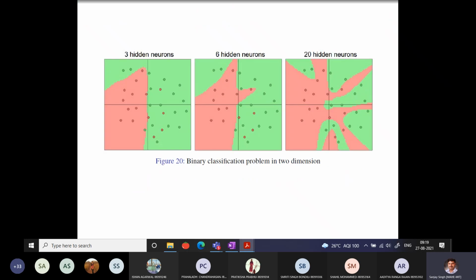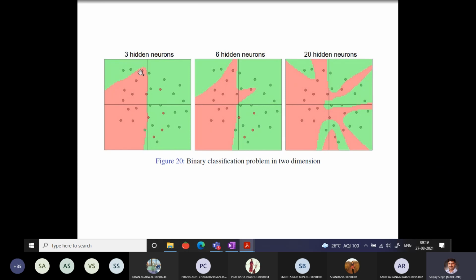Here, you see the same kind of data in all the three. And these are binary label data, so you have green and red, green, red, green, red. In this diagram, only 3 hidden neurons are there, and for the output, of course, 2 neurons, one for red and one for green.